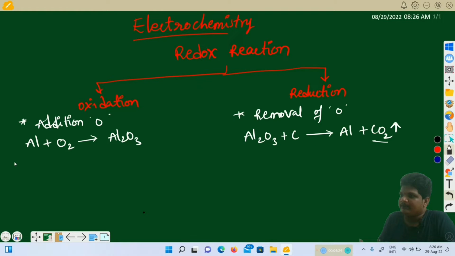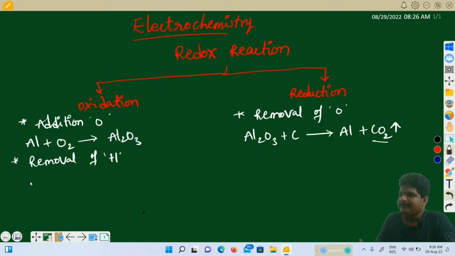Another way to define oxidation and reduction is removal of hydrogen. Removal of hydrogen is nothing but oxidation.